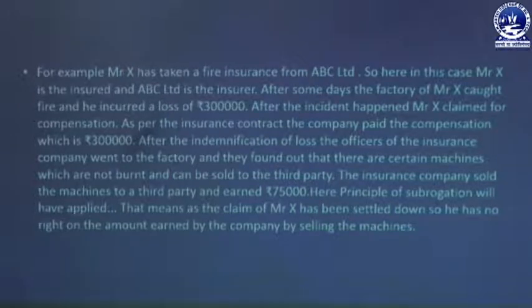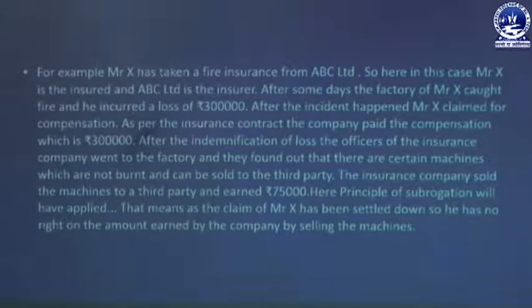So, as the loss happened, Mr. X claimed for compensation from the insurer, that is ABC Limited. So, as per the insurance contract, the company or the insurer paid the compensation, which is 3 lakh rupees.